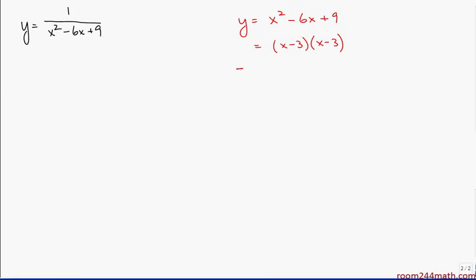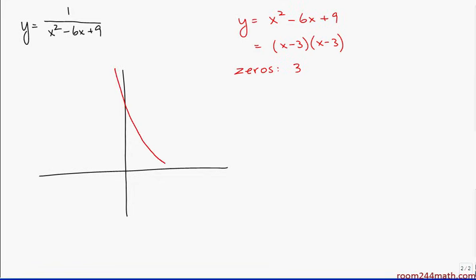And that means that there is only 1 zero, at 3. So when I go to sketch the function, the quadratic comes down, touches, and goes back up again.